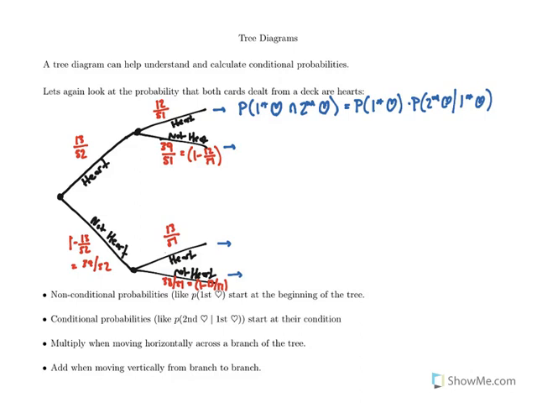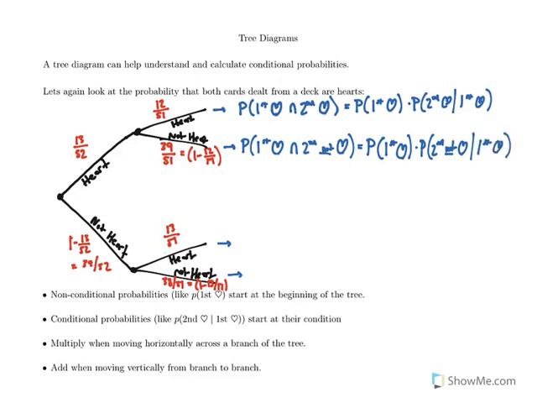That's what we calculated on the previous page. The next line is the probability that the first is a heart and the second is not a heart. And that'll be a similar conditional probability. The probability that the first is a heart times the probability that the second is not a heart, given that the first is a heart.